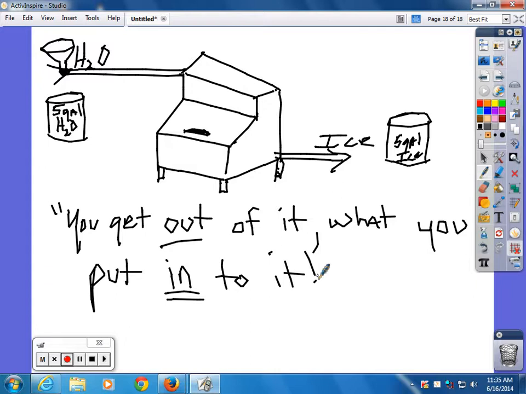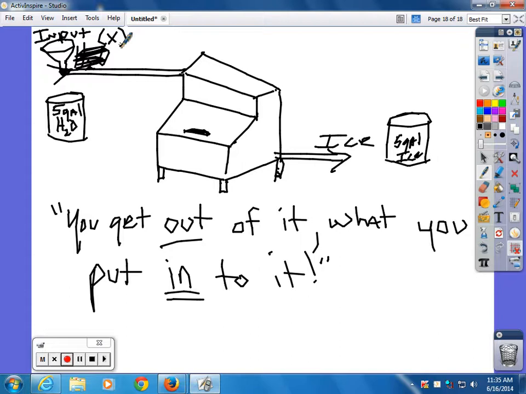Now, what in the world does this have to do with functions? Well, I'm fixing to tell you. The H2O, let's change that to input. What's our input with functions?